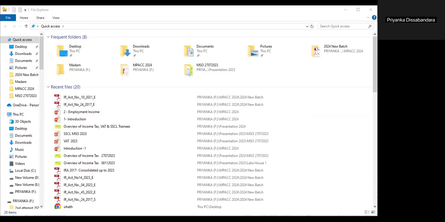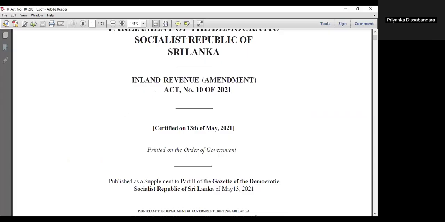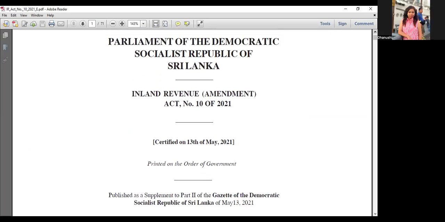This is the amendment act, the Inland Revenue Amendment Act number 10 of 2021. Can you see this? No, ma'am. Now? Yes, it is visible.